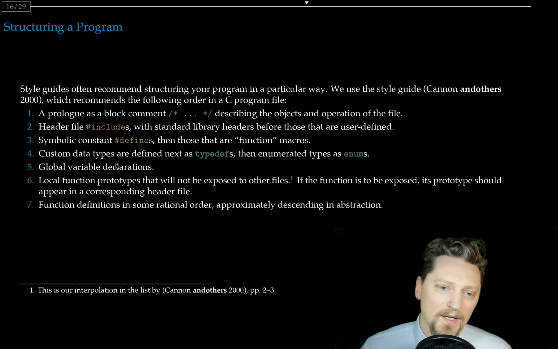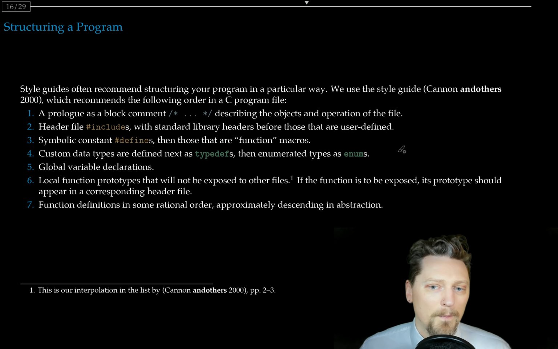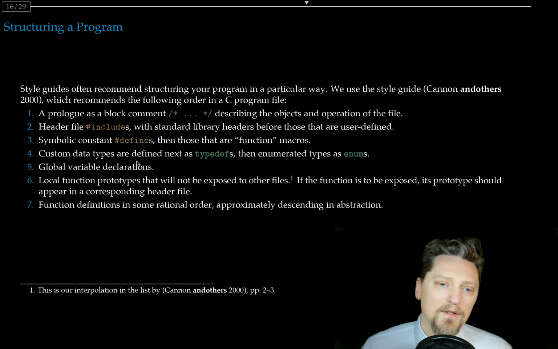4, custom data types are defined next, and typedefs, then enumerated types such as enums, which we'll also look at later on. 5, global variable declarations. So again, we're going down our source file here. Local function prototypes that will not be exposed to other files first.